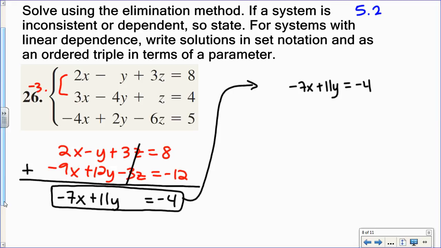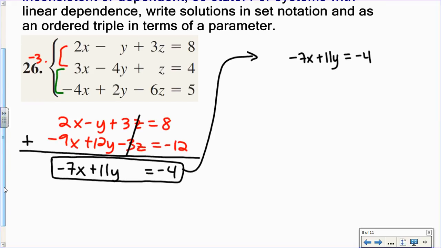So now I need to choose 2 more. I'm going to use the middle one again because I only have to multiply 1 equation. This time, what should I multiply the middle one by so I can eliminate z? 6. Yeah, 6, good. Since I eliminated z in the first set, I need to eliminate z again.